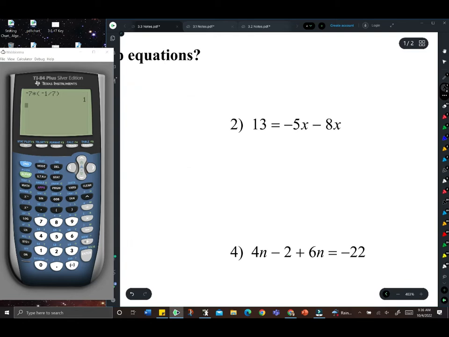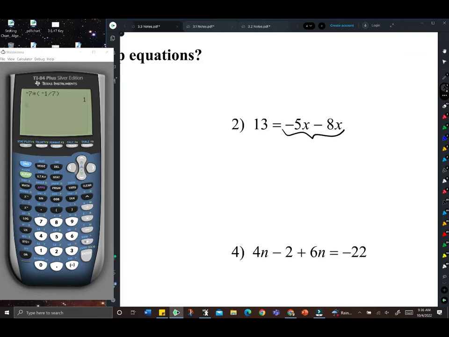Good stuff. Number 2. Again, combine like terms. So negative 5 minus 8. Negative 5 and a negative 8 is negative 13x. Now, we have to multiply by the inverse.